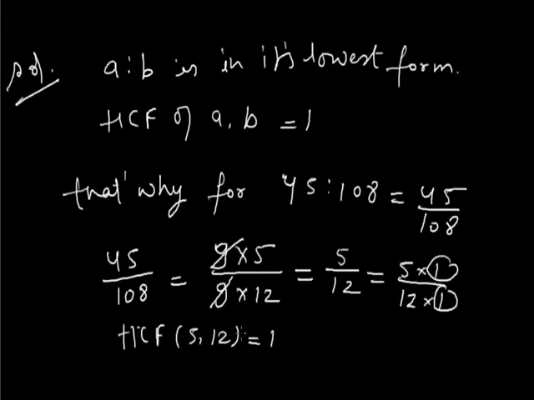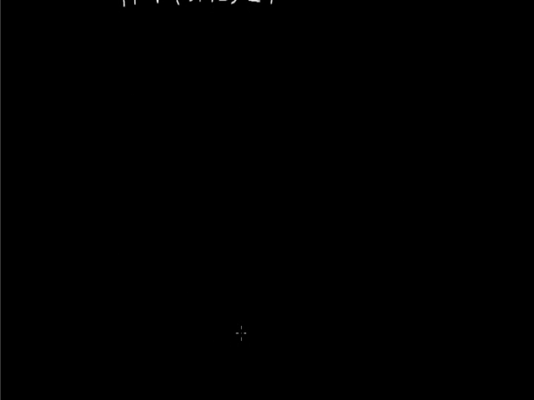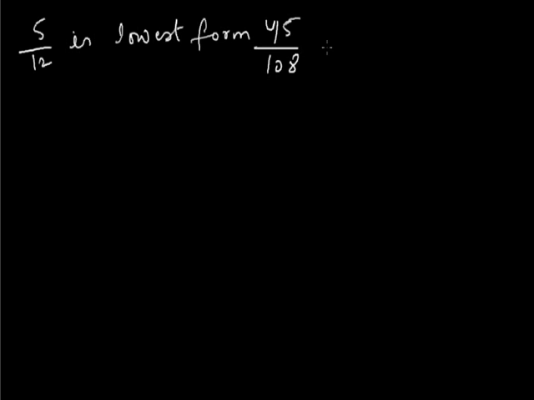So we can claim that 5 upon 12 is the lowest form of the fraction 45 upon 108, which equals 45 ratio 108. So the lowest form of 45 is to 108 is 5 is to 12, because 5 upon 12 can also be written as 5:12. As I told you earlier, ratio is the representation of the fraction. It is a representation format.